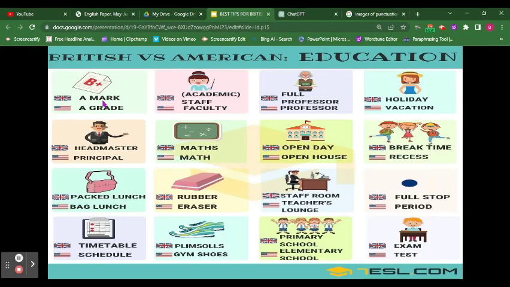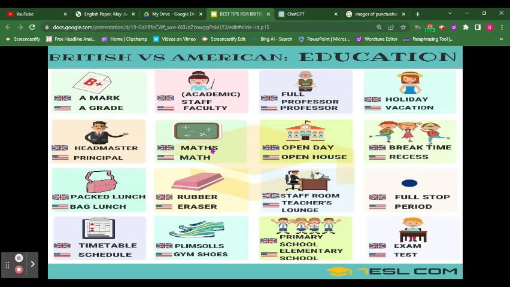Now, this brings us to the next area, education. A mark in British English is a grade in American English. Headmaster, British, principal, American. Packed lunch, British, bag lunch, American. Timetable, British, schedule, American. Academic staff, British, faculty, American.